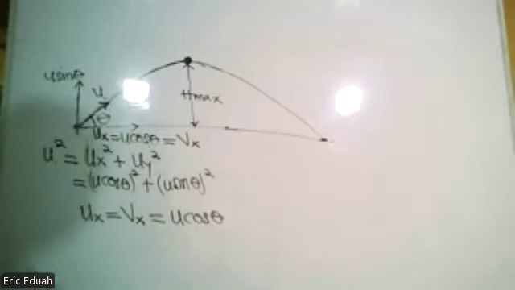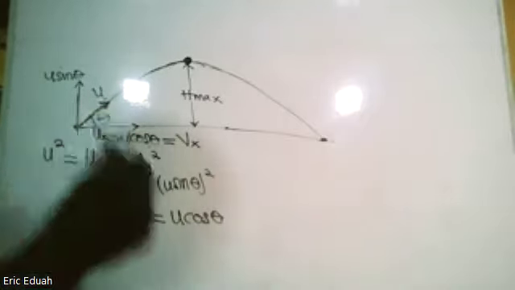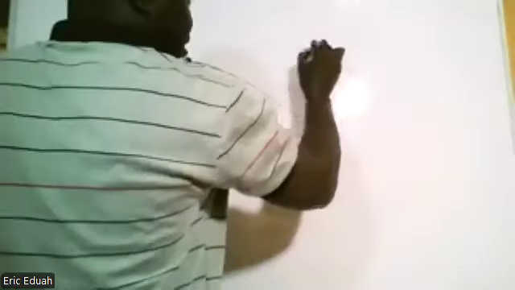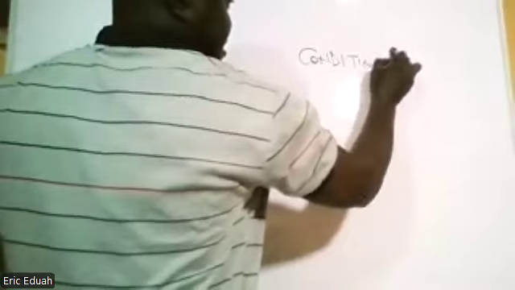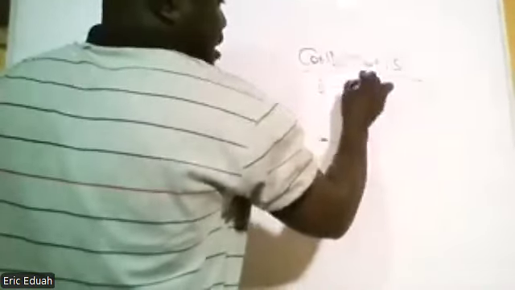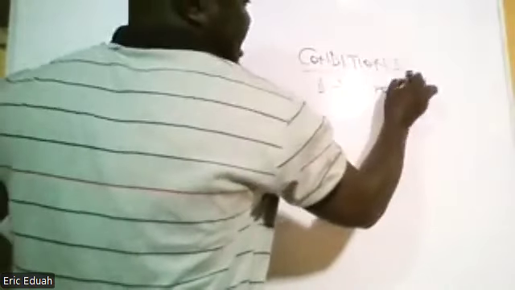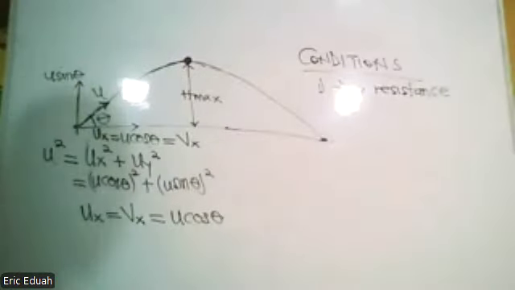All right, then I think I need to take the time to quickly take you through this a bit. The conditions on which projectile motion works are, one, air resistance is neglected in all projectiles.